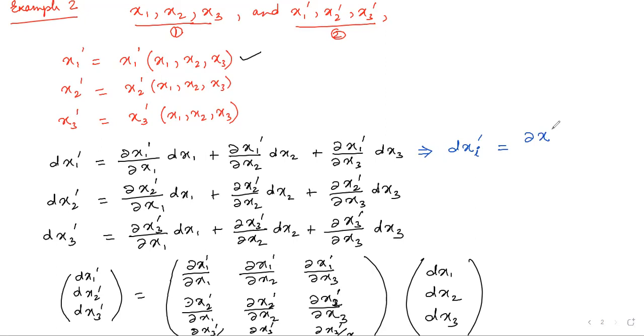dou xi prime. Okay, let me write it here. It is dxi prime is equal to dou xi prime divided by dou xj multiplied by dxj.